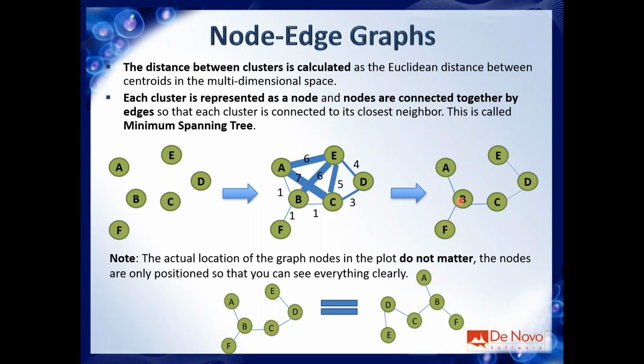And this is why in the final tree, F is connected to B. A is connected with E with a huge distance, C with a huge distance, D even bigger, and B is the closest neighbor. So I want to keep the edge between A and B. So at the end, you see that each node is connected with its closest neighbor.